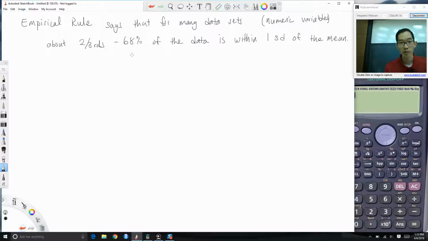Okay, so or another way of saying within 1 standard deviation of the mean is to say, has a z-score between -1 and +1.